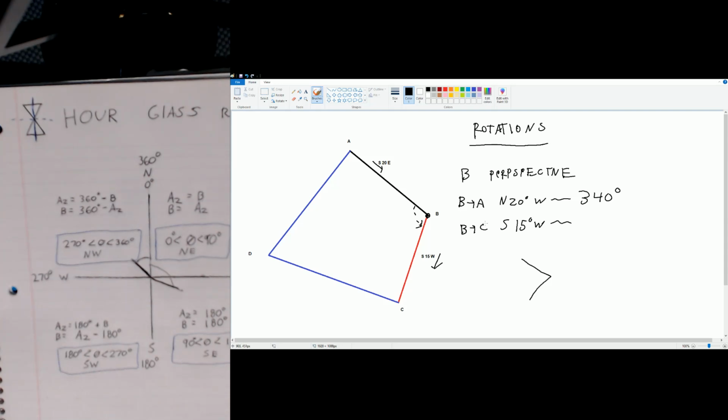Okay, from B to C, it's southwest 15 degrees.